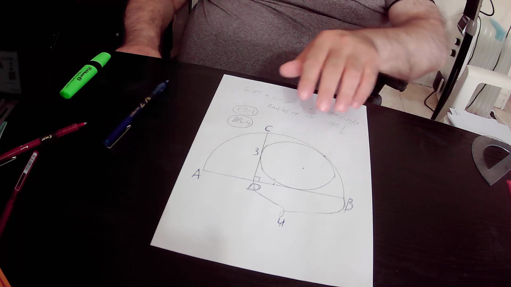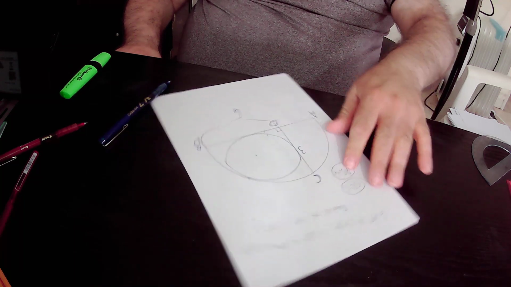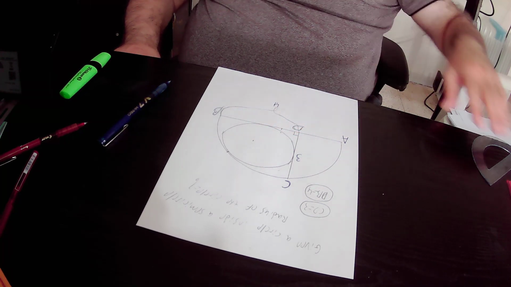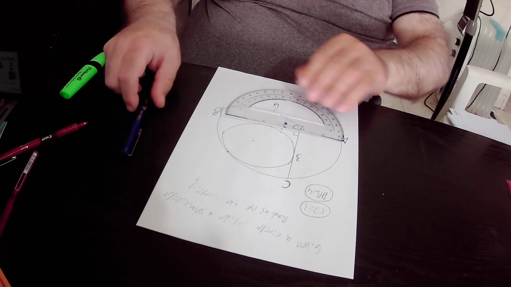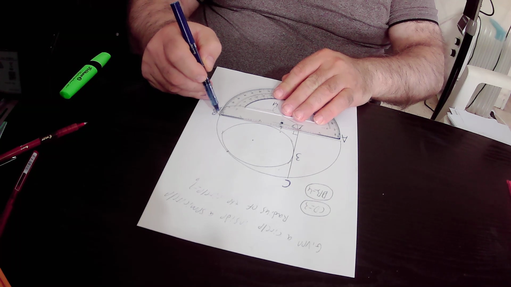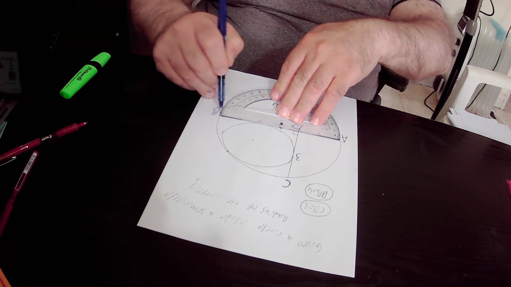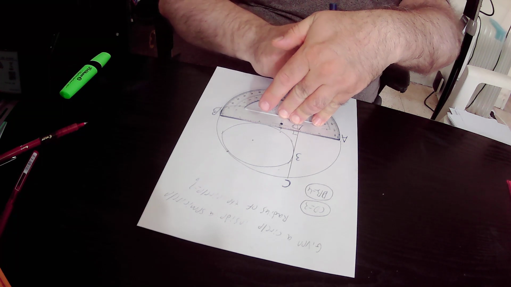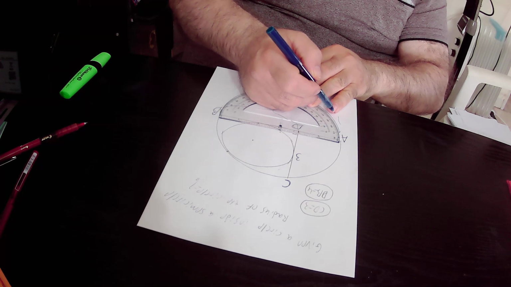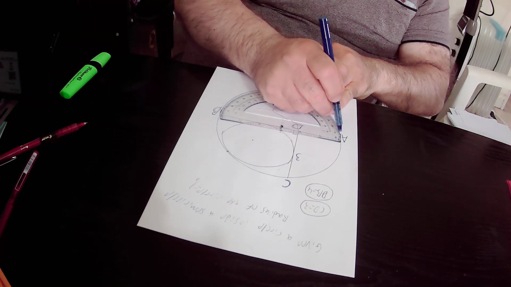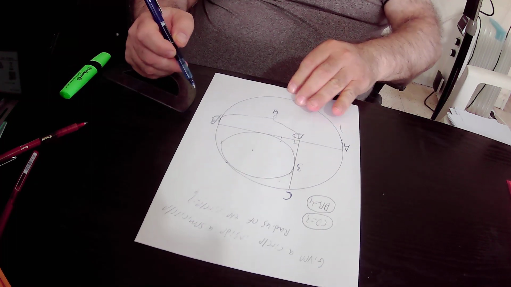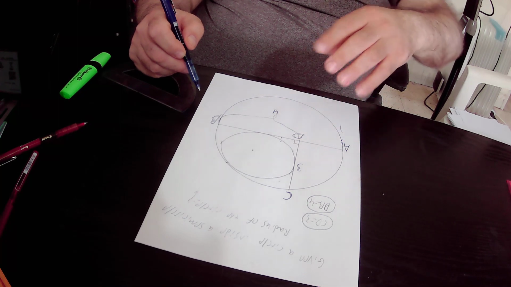So we'll start with a construction. We will complete this semicircle to a circle. So we completed this semicircle to a circle.